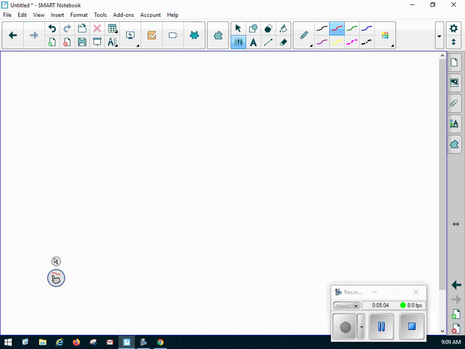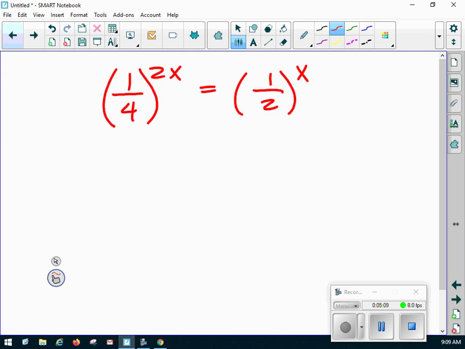Well, what's a common base that I can use? With 4 and 2, I can use 2, so let's change them both to a base of 2. So what about a negative 2?